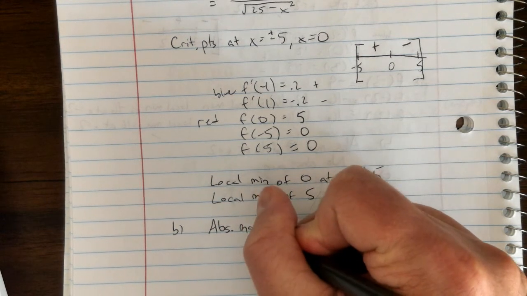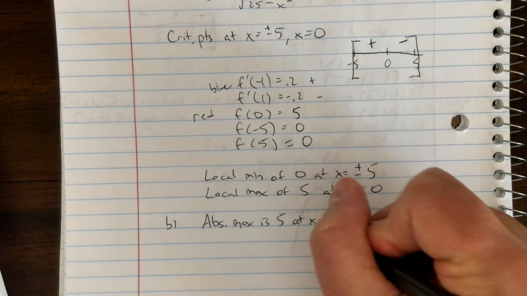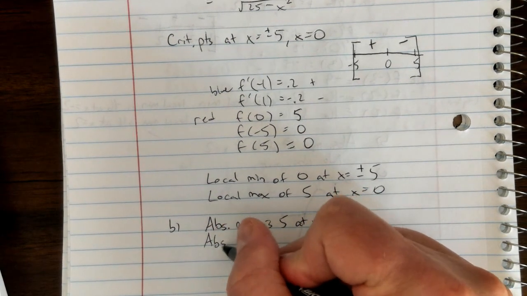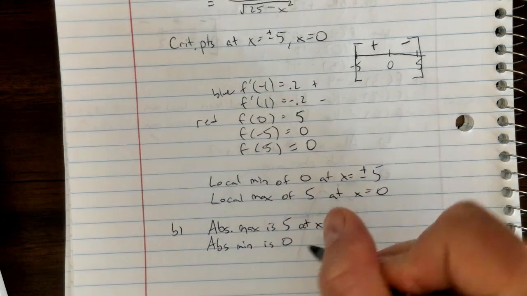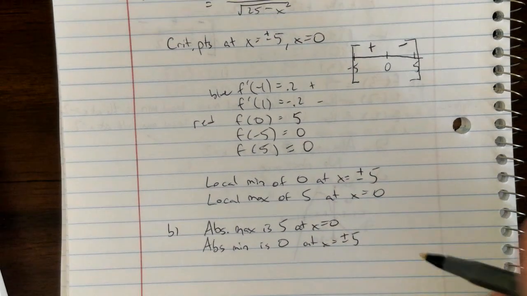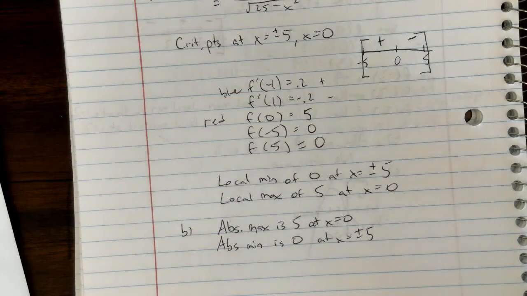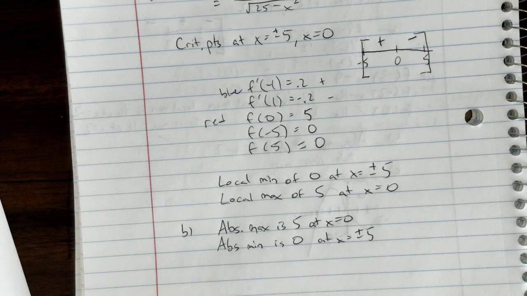Absolute max is 5 at x equals 0, and absolute min is 0 at x equal plus and minus 5. And again, don't forget to do C, which is there. Okay, so that ends up all of the lesson.